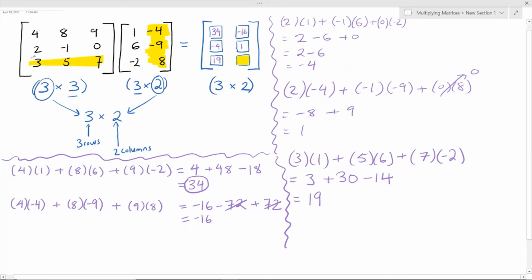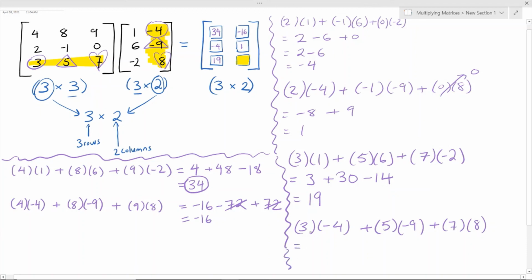We have the first one of the row times the first one of the column, 3 times -4, plus the second one of the row times the second one of the column, 5 times -9, and then the third entry of the row times the third entry of the column, so plus 7 times 8.